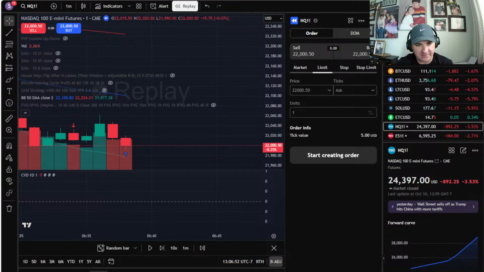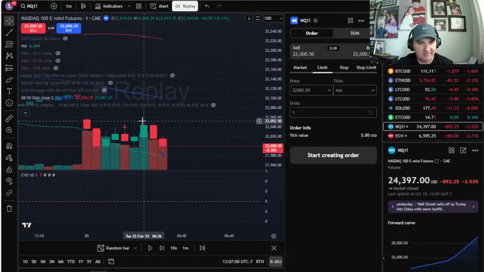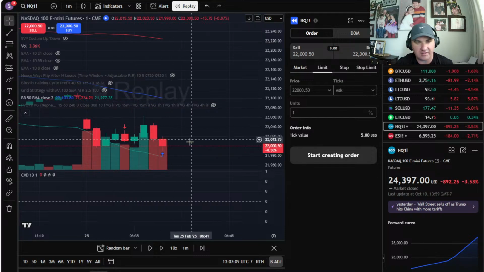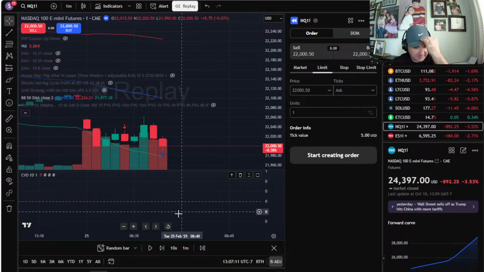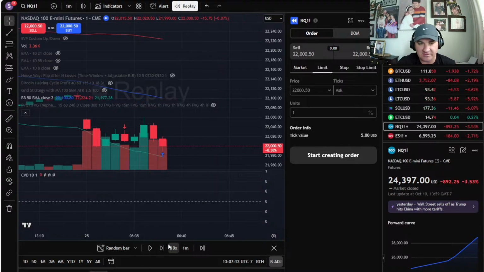Would I have re-entered? Probably not. Unless this was a fair value gap. Maybe I enter on this one, which may have also stopped out, which is fine. Let's just keep going though.